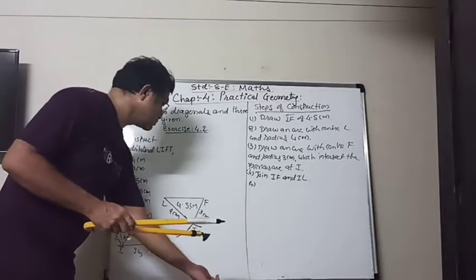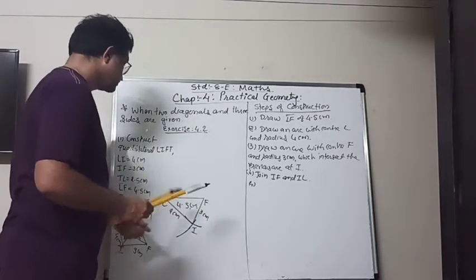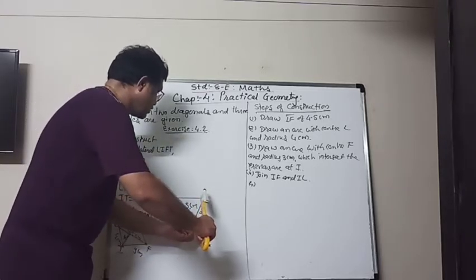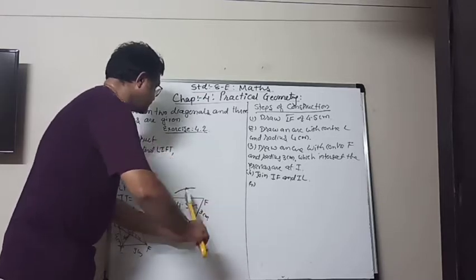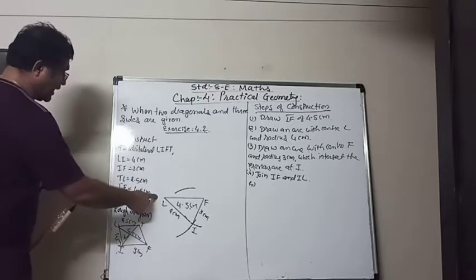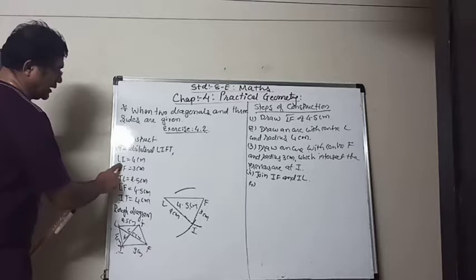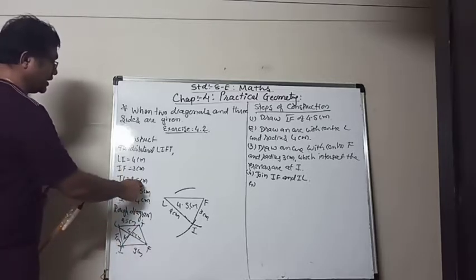centimeter. So from the point I, means from here, on the opposite side, and then from the point L, because another given is 2.5 centimeter TL.